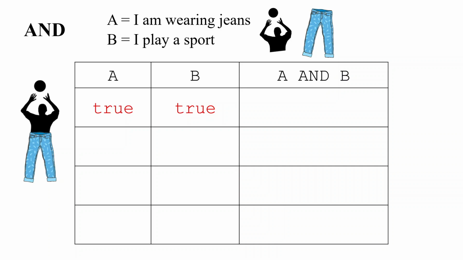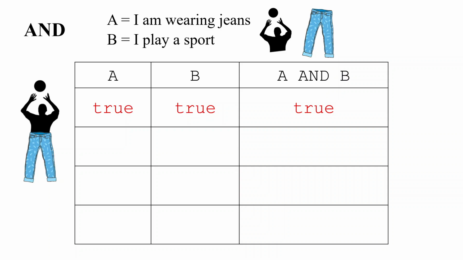That's one combination, right? I am wearing jeans and I play a sport. Now, if I said in class, okay, I want you to stand up if you are wearing jeans and you play a sport. If you are wearing jeans and you play a sport, stand up. And you look around, who is standing? It's the people who play a sport and are wearing jeans at the moment.